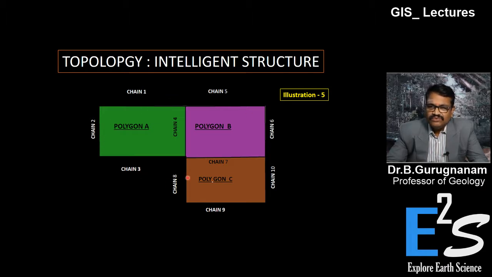This is how this polygon is made. Chain 1, chain 2, chain 3, chain 4 is common between these two. Chain 7 is common between these two. This picture is going to help us see how intelligent structure plays an important role in topology for various uses.